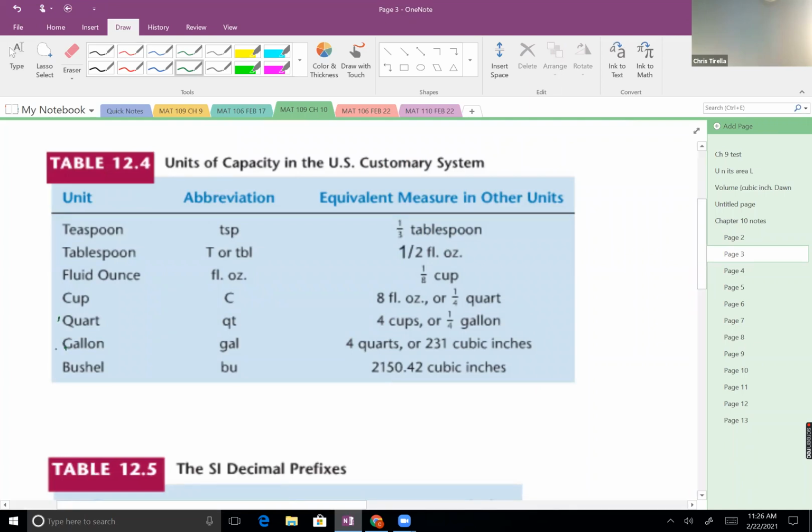A gallon is 4 quarts. I don't know if anybody's familiar with the relationship between a quart and a cup. A quart is 4 cups. A cup is 8 fluid ounces. A tablespoon is a half a fluid ounce.